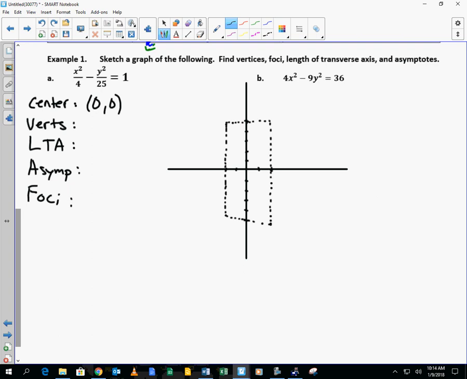Got my ghost box. Once I have that box, sketching the rest of the graph is super easy. I draw my asymptotes through the diagonals of the box.